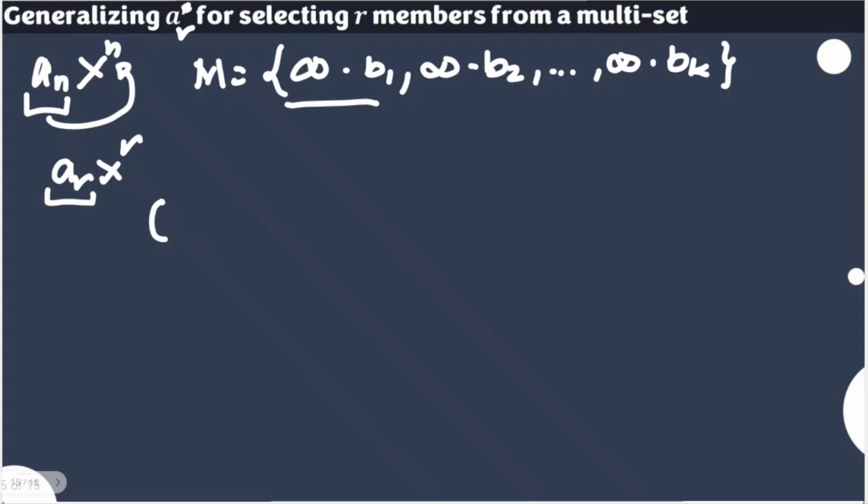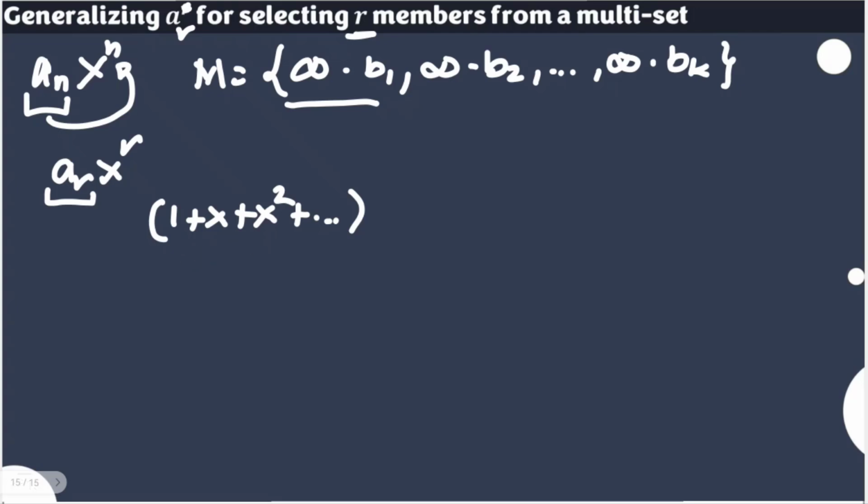For this, we have, say for example, 1 plus x plus x squared plus, until you reach a certain value, which is again infinitely many, so we don't know what that is. This tells us that b sub 1 may not be selected, or may be selected once, depending on what our R is, and so on and so forth. So that's the first possibility for our b sub 1.